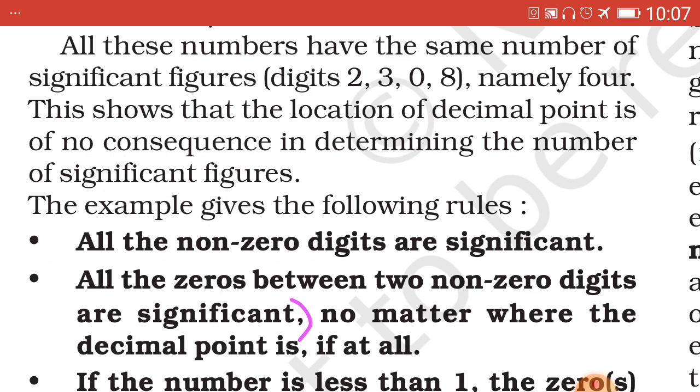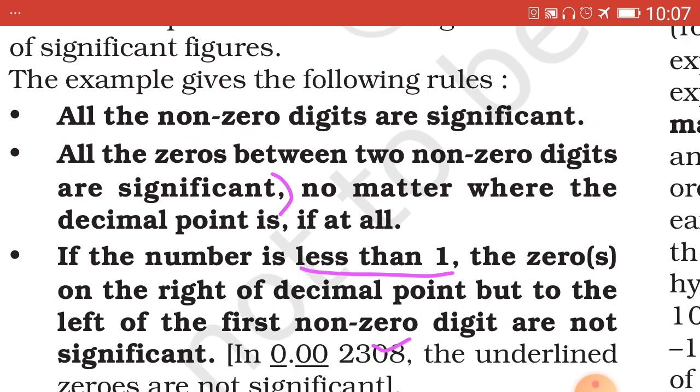Now different rules we see one by one. All the non-zero digits are significant. Later on we will study with the help of examples, the rules will be more clear. Non-zero digits are significant. Next one, all the zeros between two non-zero digits are significant, no matter where the decimal point is, if at all.